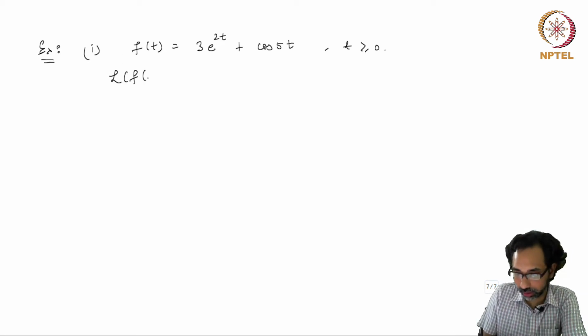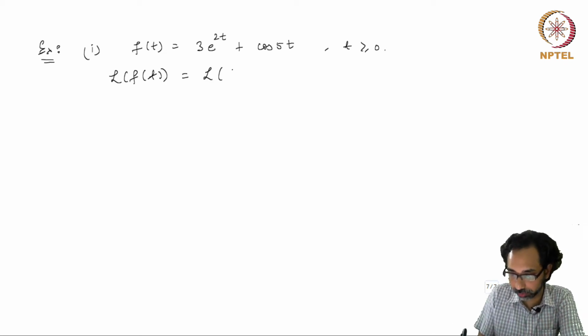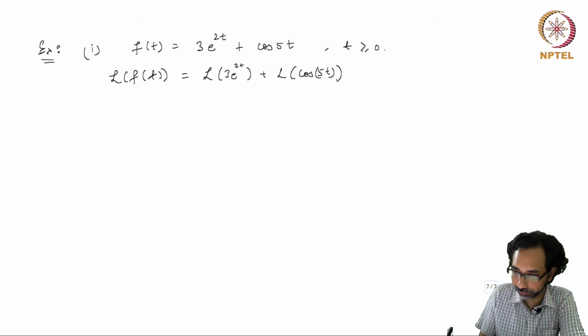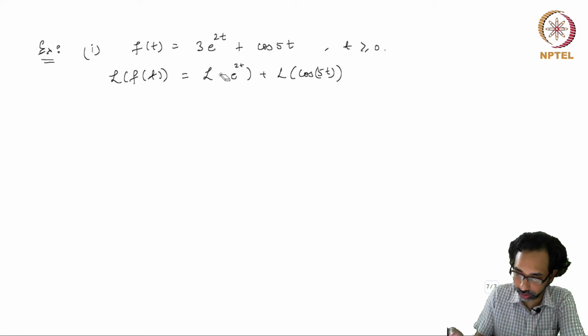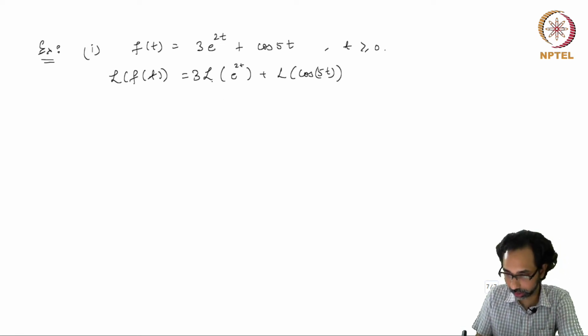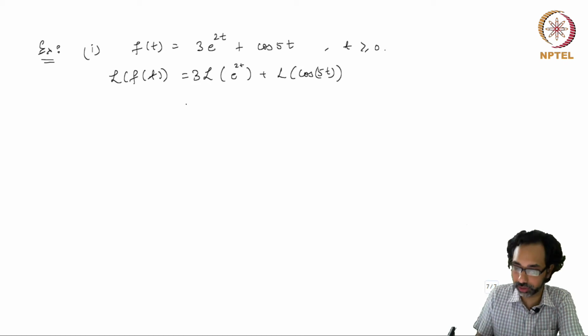So what is the Laplace transform of f of t? This is simply the Laplace transform of 3 e to the power 2t plus Laplace transform of cos of 5t, and here you can of course take the 3 outside the Laplace transform. So 3 times Laplace transform of e to the power 2t plus Laplace transform of cos 5t.